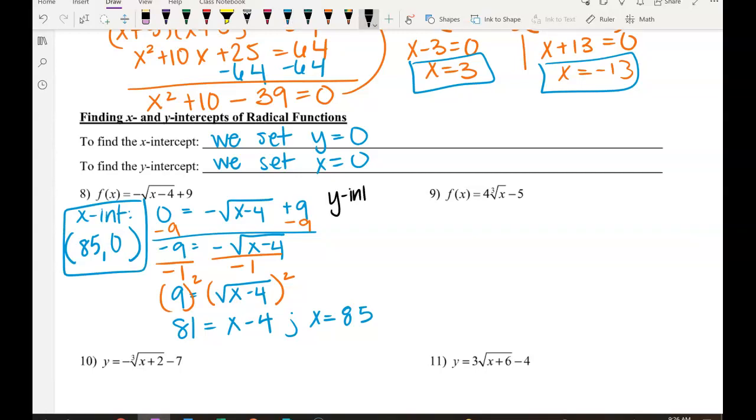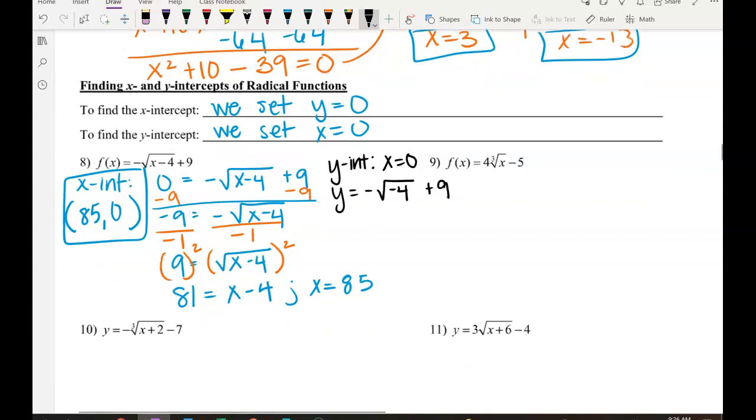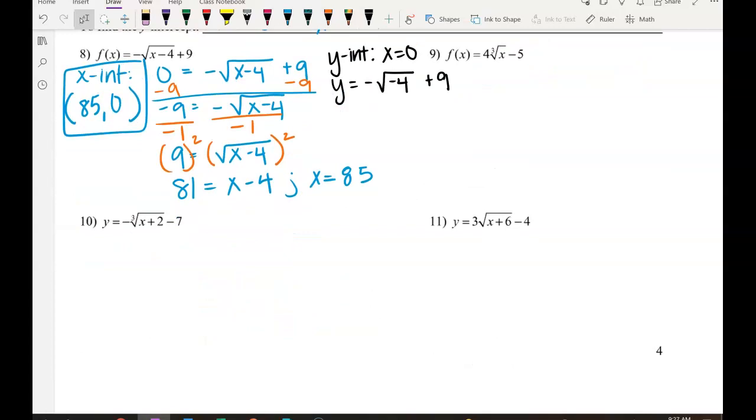Y-intercept tends to be a little bit easier. Y-intercept is when x equals 0. Okay, well, let's look at it. Y equals negative square root of 0 minus 4. 0 minus 4 is what? Negative 4. Can I have a square root of a negative? No. So should we have any y-intercept?